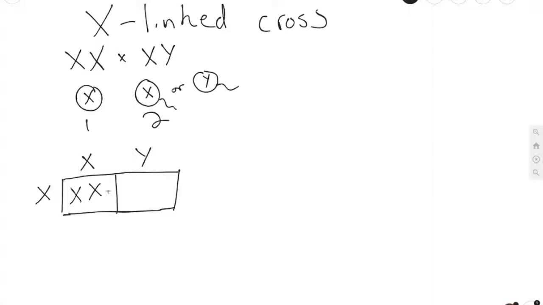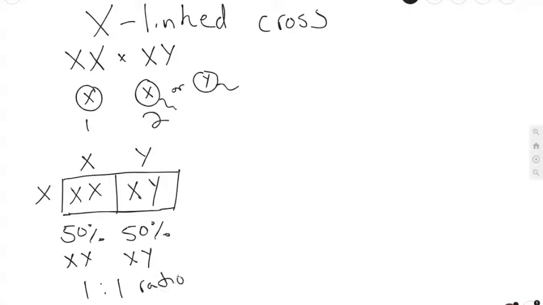And then here we bring the X over from the left, and then the Y down from the top. So this shows me that when I mate a male and a female, I have a 50% chance of getting a female and a 50% chance of getting a male. Right? So that is a 1-to-1 ratio.